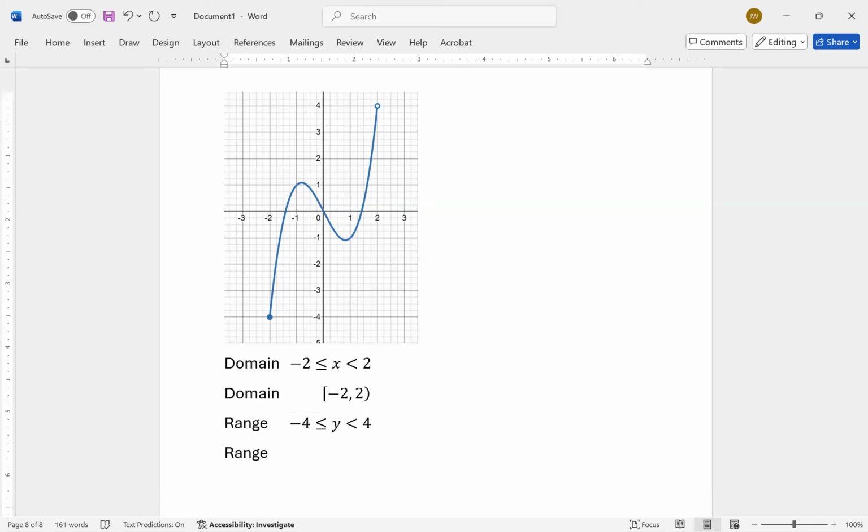Interval notation would therefore be square bracket, -4, comma, +4, parenthesis. And that's it. That's the whole thing.